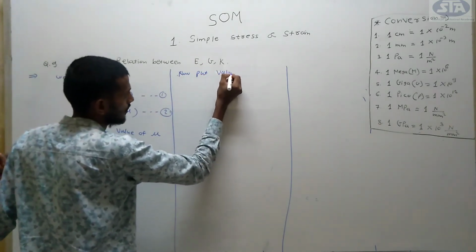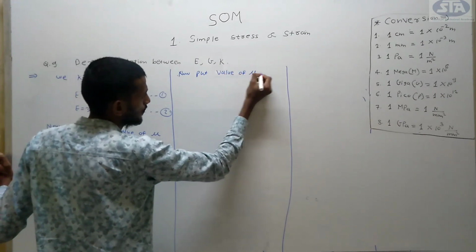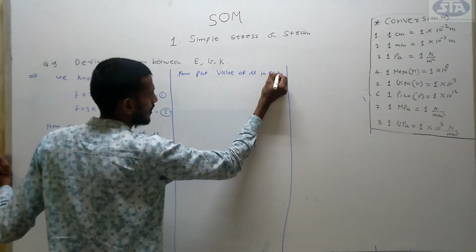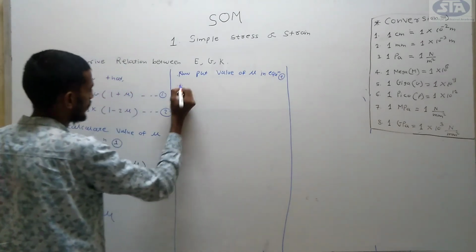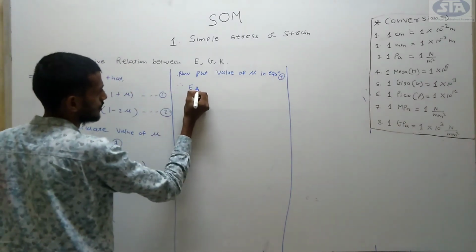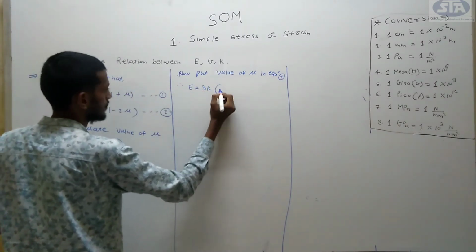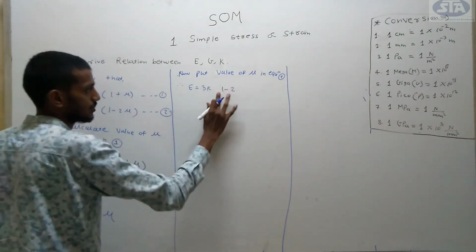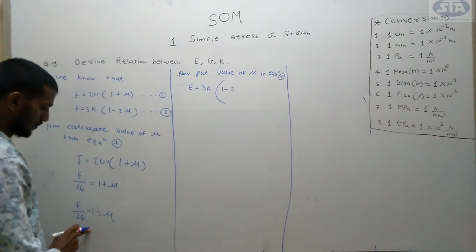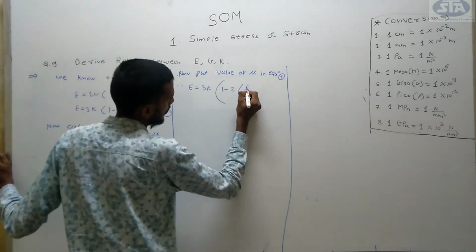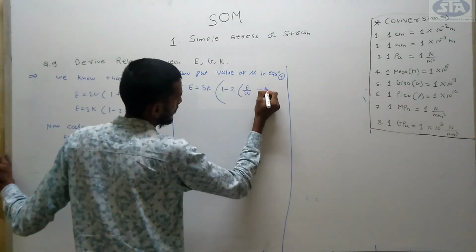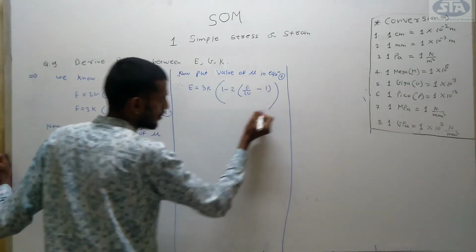Now put the value of mu in equation 2. Therefore E is equal to 3K into 1 minus 2, and the value of mu we have to shift, that is E upon 2G minus 1, bracket complete.